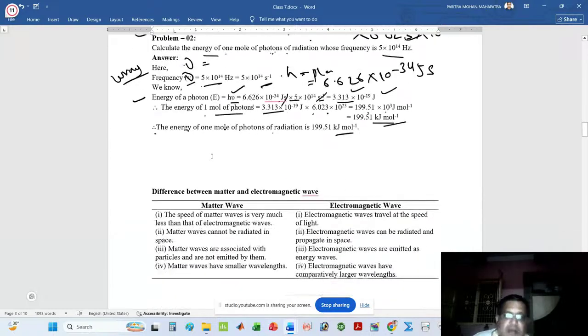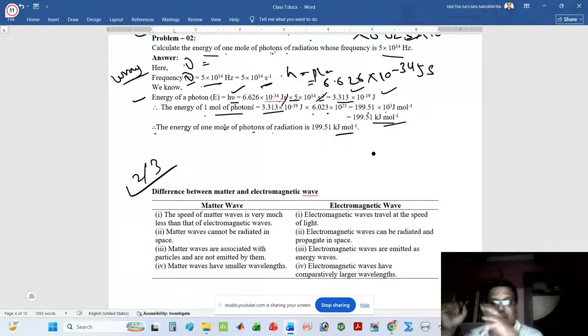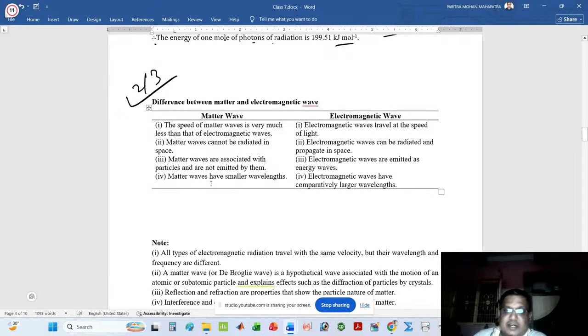Next is the difference between matter wave and electromagnetic wave. It is an important 2 mark or 3 mark question. What is matter wave and what is electromagnetic wave? Remember, first point: electromagnetic wave travels at the speed of light.